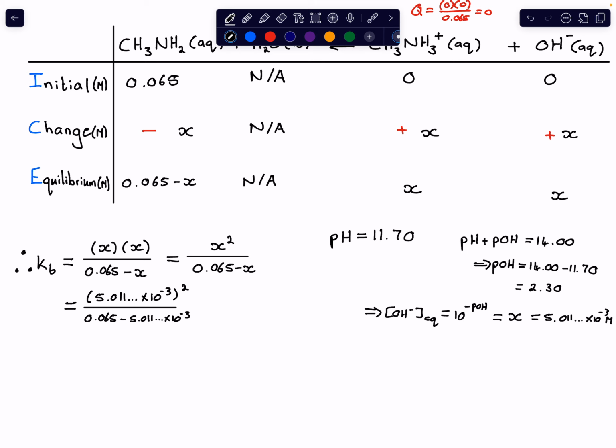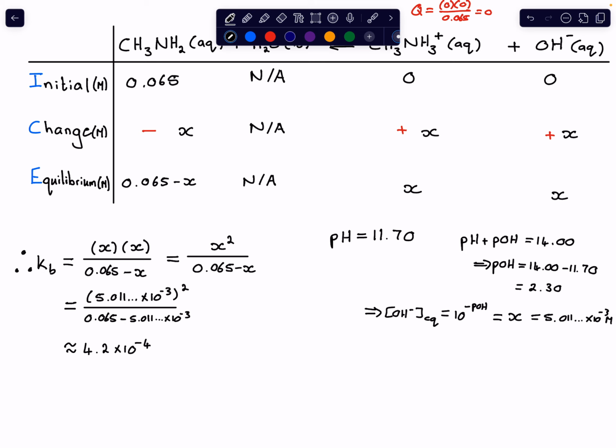And then we can round this answer to two significant figures, and I got 4.2 times 10 to the negative 4 for Kb. All right.